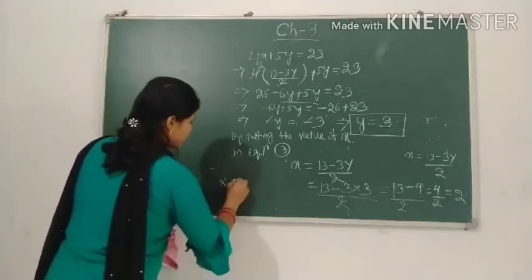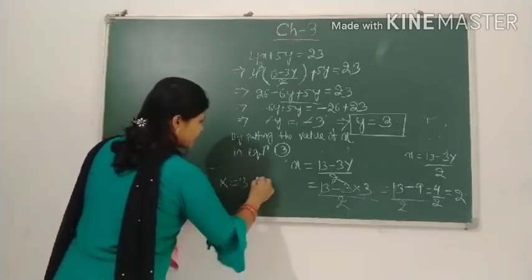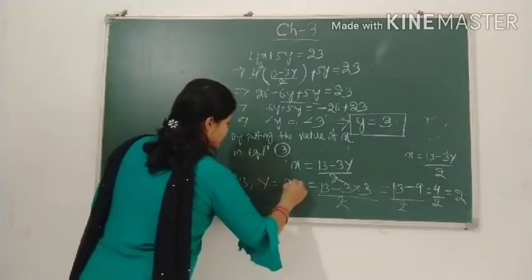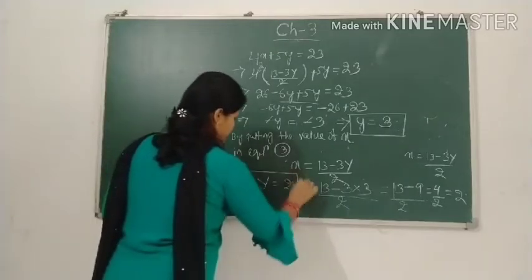So you got your value x is 2 and y is equal to 3.